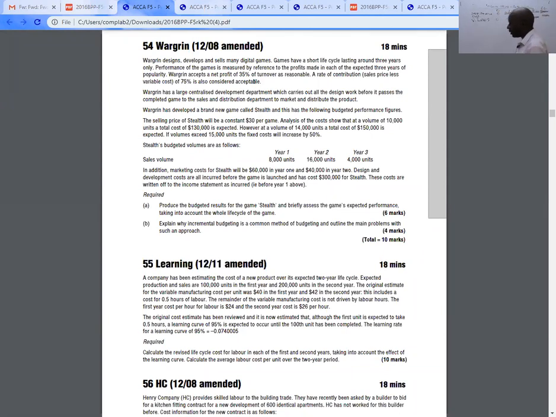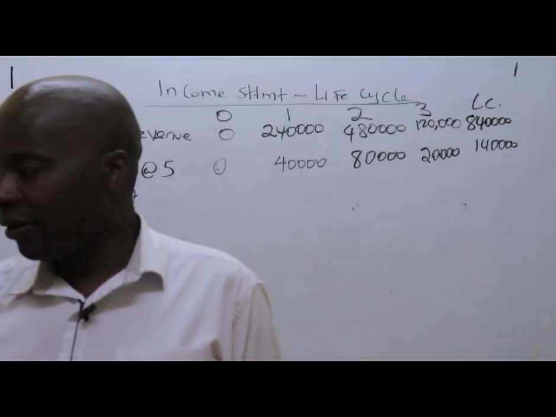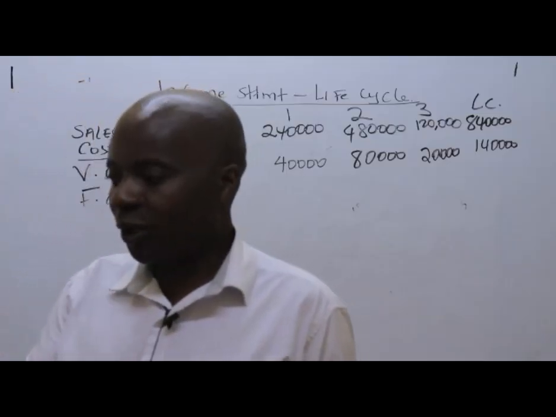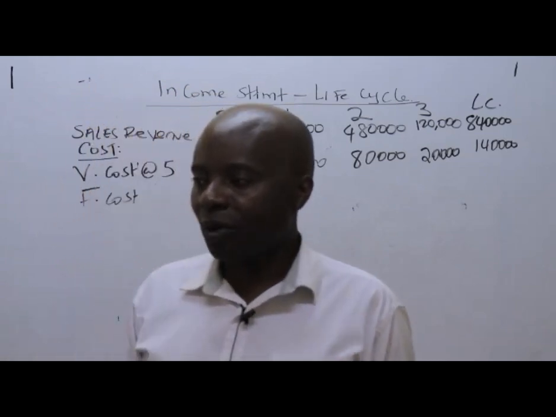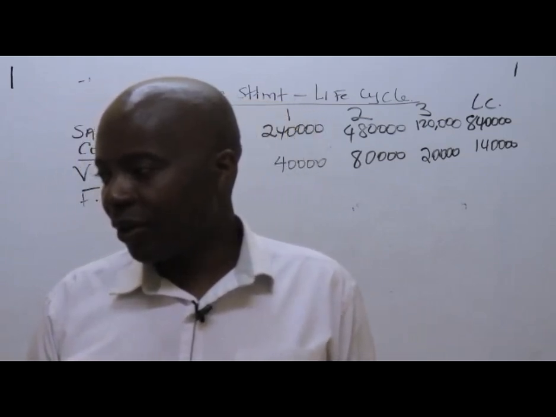From there, ladies and gentlemen, I would want you to come and fix the fixed cost. Could you kindly give me the answer for fixed cost for year 1, year 2, and year 3?